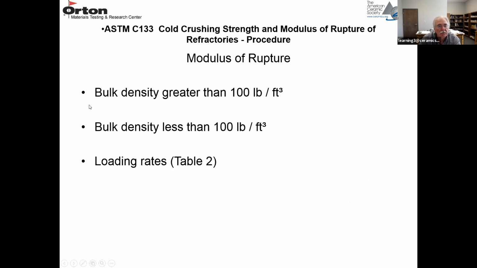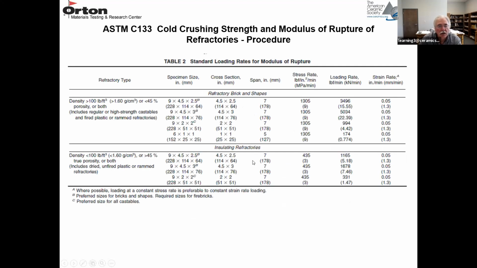So the procedure is divided up into dense materials greater than 100 pounds per cubic foot and materials less dense than 100 pounds per cubic foot. And the loading rates for these different densities are as follows. For the denser materials, you have the full-size brick, the 9-inch straights, the 9x2x2, and the 6x1x1.